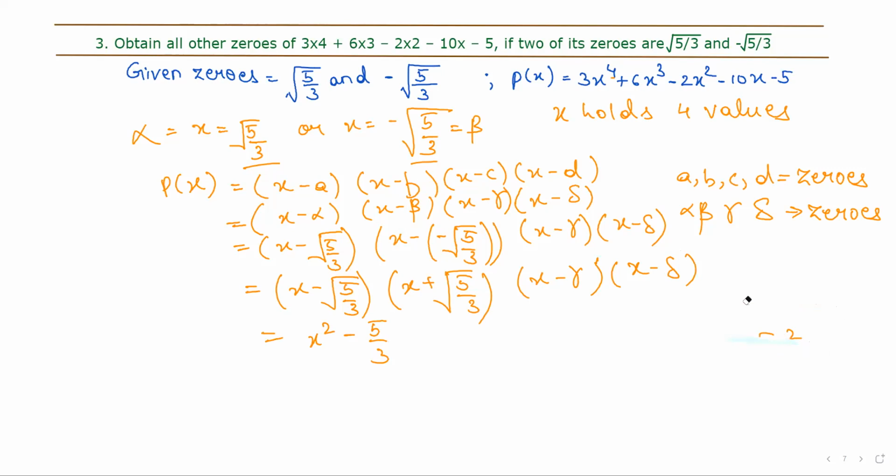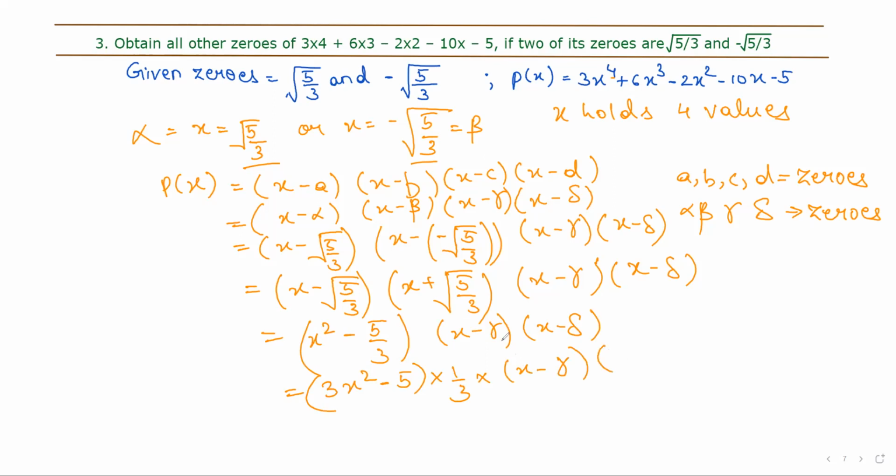Multiplying the square root twice, you'll get the value inside without the root. x minus gamma, x minus delta. Now if you multiply 3 over here, cross multiplication, you get 3x square minus 5 into 1 by 3 into x minus gamma into x minus delta.